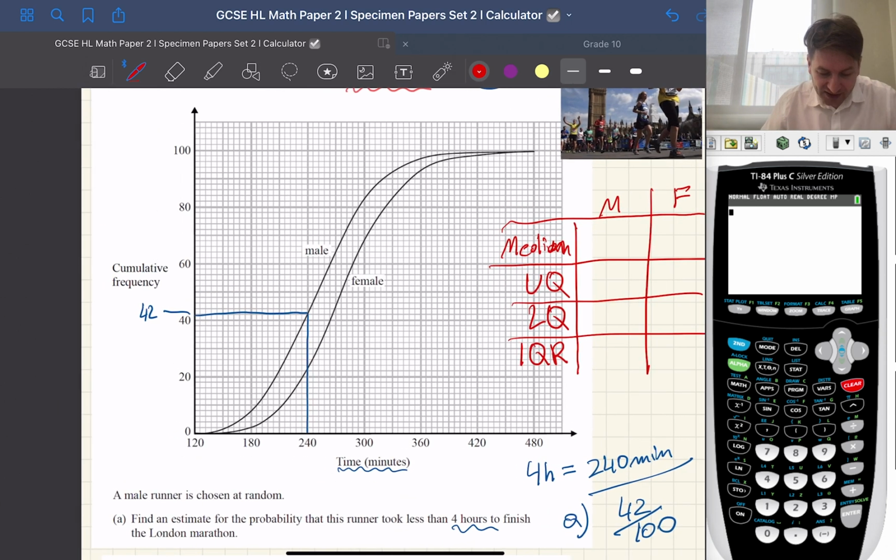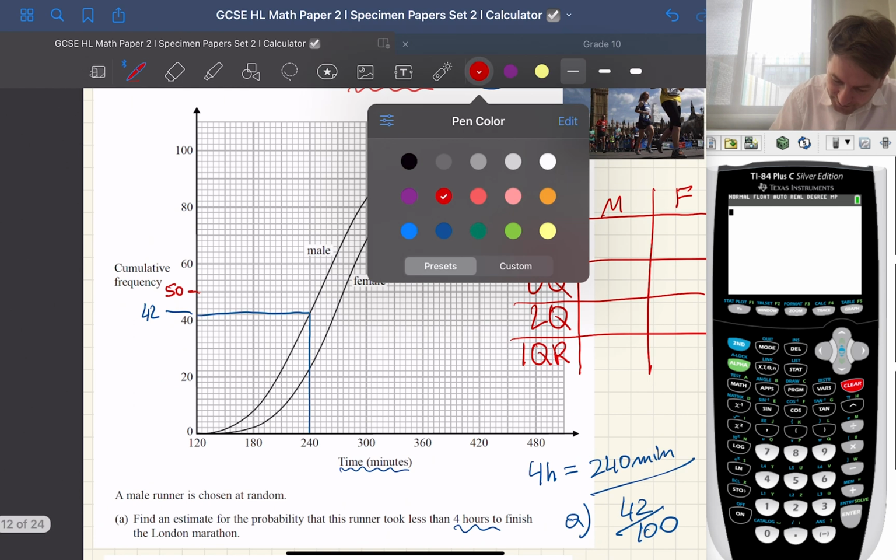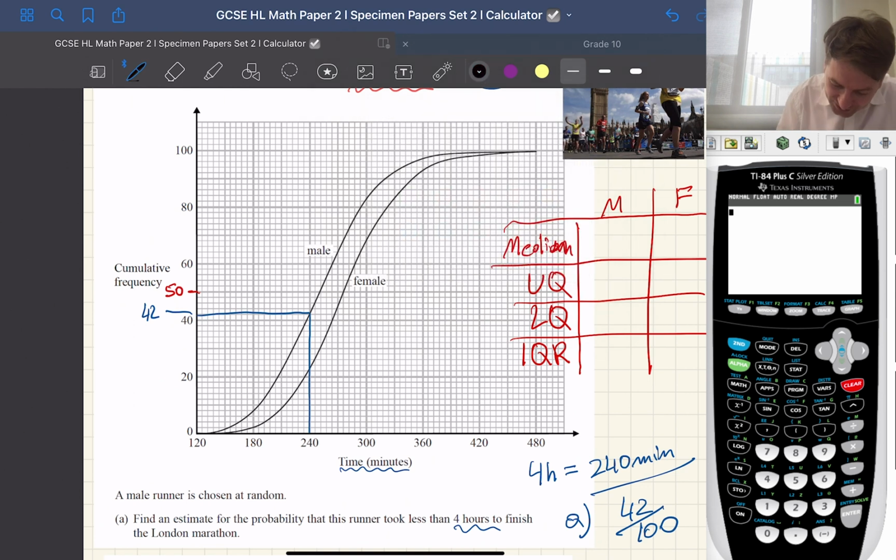So let's do this. First of all, median. We have 100 runners, so median will be at 50, and now I'm going to have to read this value. I hit the graph there, and I'm going to have to read it here and figure out what this is.